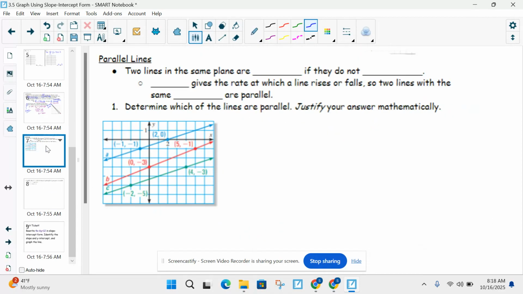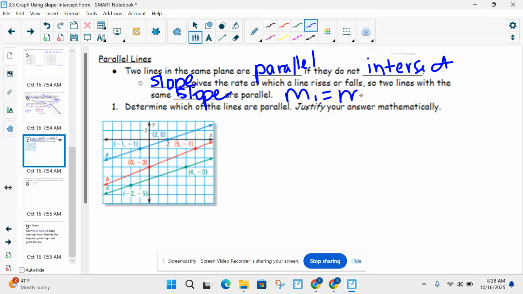For the slope questions, it says 2 lines in the same plane are called parallel if they do not intersect. Since the slope gives the rate at which a line rises or falls, two lines with the same slope are parallel. So the slopes will be equal if they are parallel. So let's figure out the slopes of these lines.